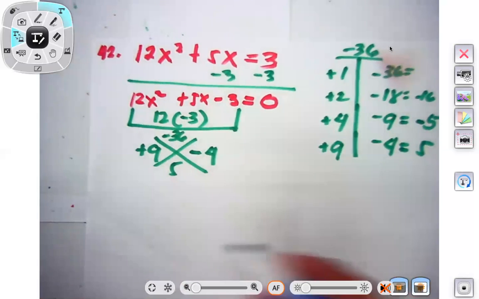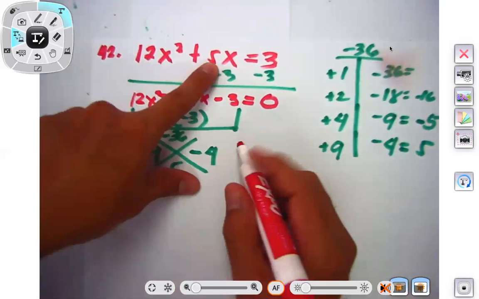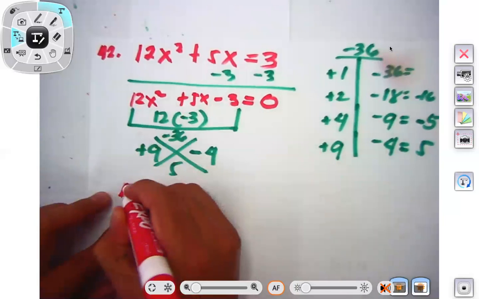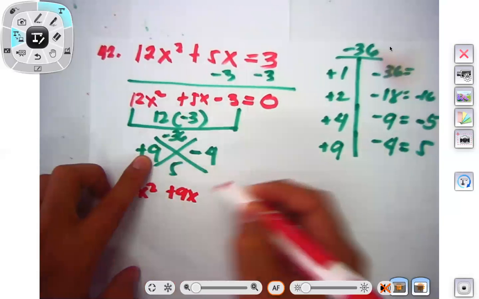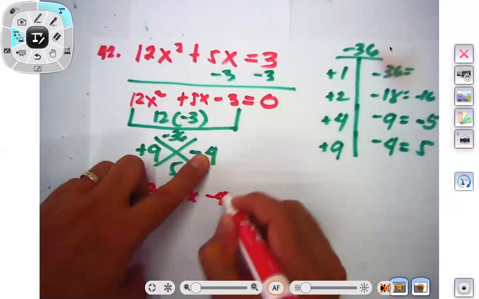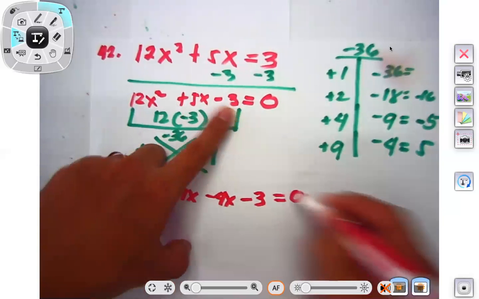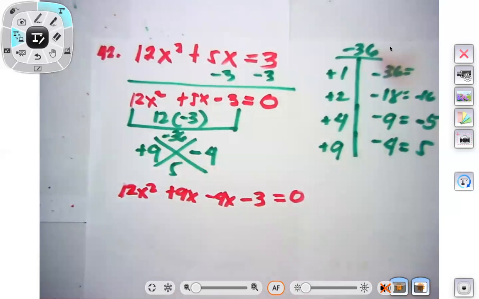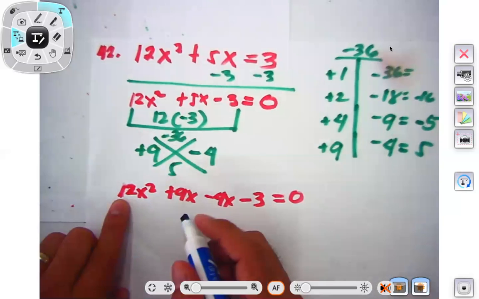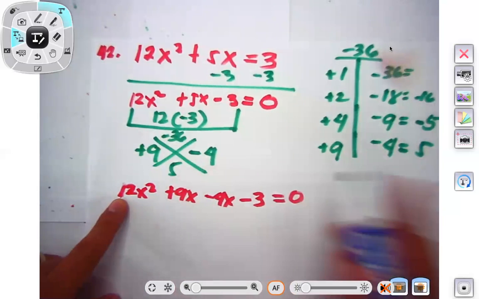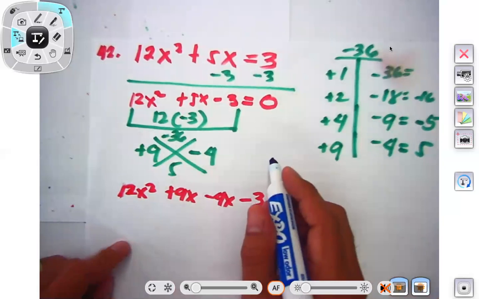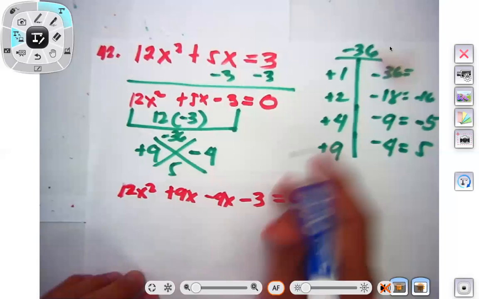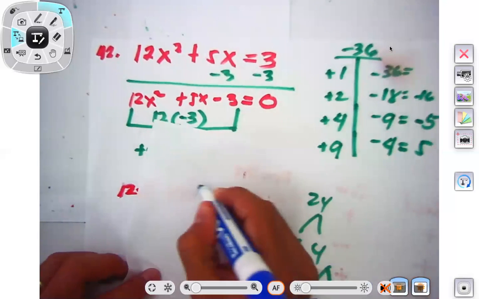It's not the case. So let's expand 5x. So we have 12x squared plus 9x minus 4x minus 3 equals 0. Now, what's your GCF for 12x squared and 9x? Let's factor 12. What are the factors of 12? You can have 6 and 2. But 6 is still factorable as 2, 3, right?